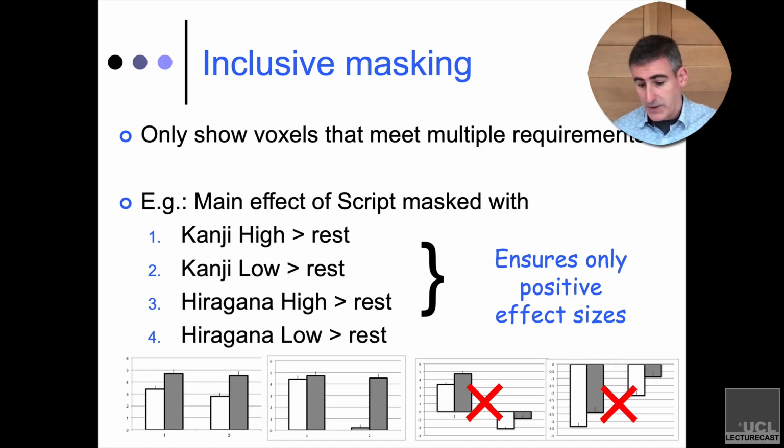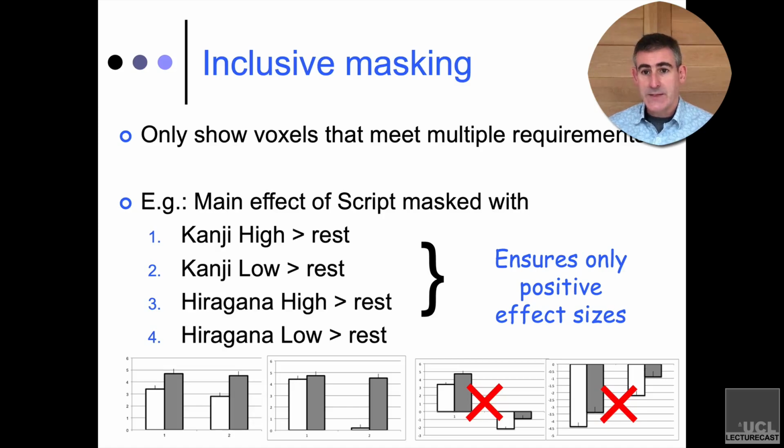Because in the third one, the first one with an X in it, 2 of the values are below rest. So in other words, low familiarity hiragana and low familiarity kanji are both below rest. So therefore, they don't meet conditions 2 and 4. Does that make sense, I hope? Similarly, all 4 conditions in the right are below rest, so it doesn't meet conditions 1, 2, 3, and 4.